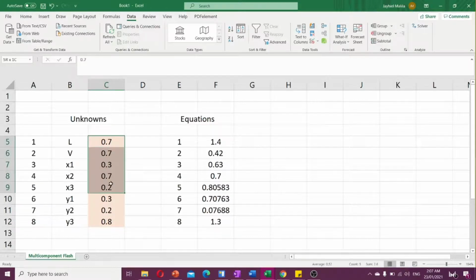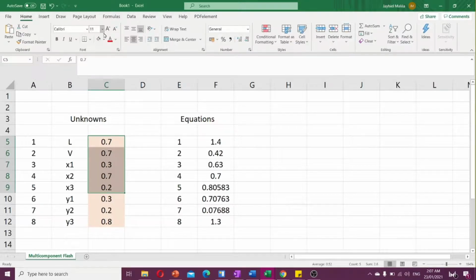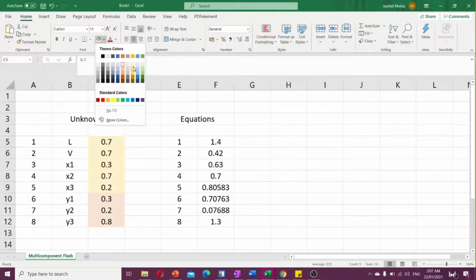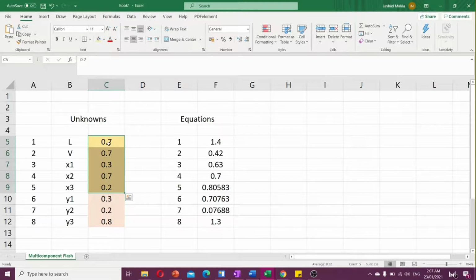So I will color these as the relevant ones. The independent unknowns are the ones that Excel will get for us.